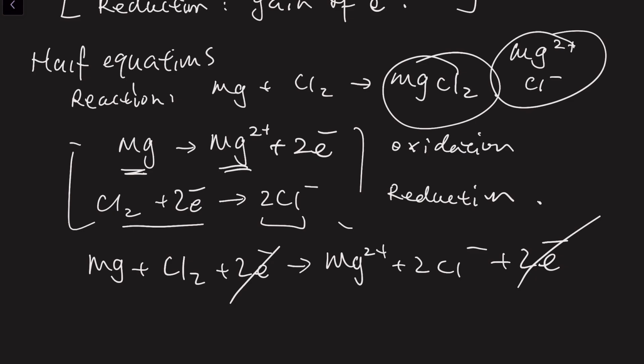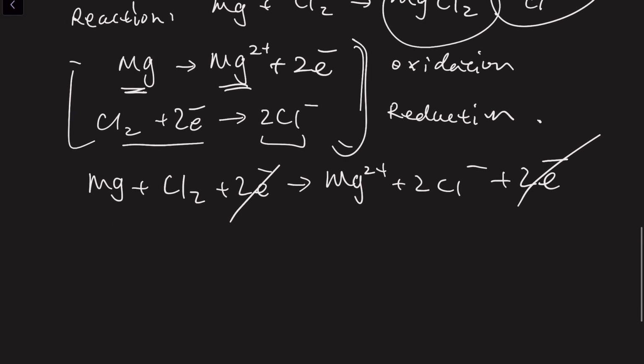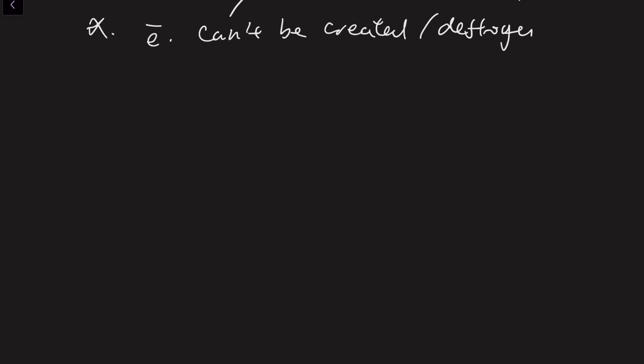It allows us to see clearly where the electron is from and where the electron actually went to. A point I want to emphasize: electrons can't be created or destroyed. It can only be transferred.